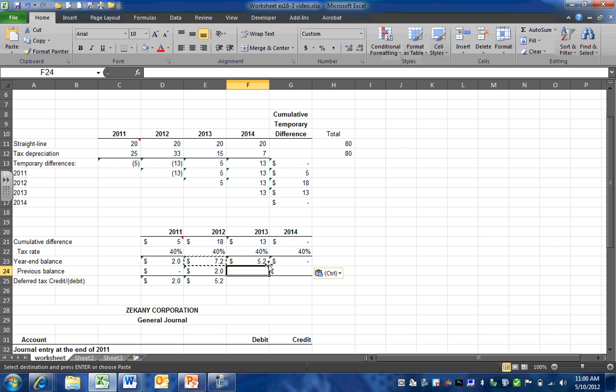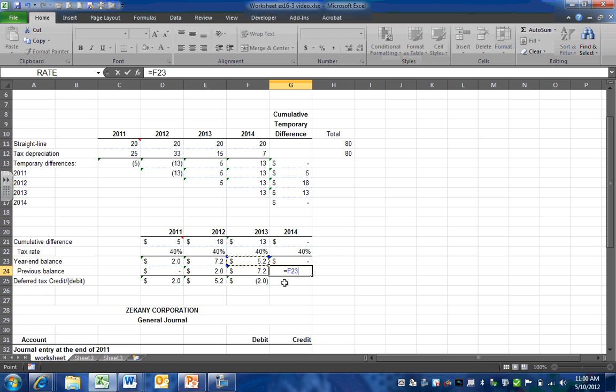For 2013, our year-end balance has to be $5.2 million in the liability account, and we have to have a zero in our liability account by 2014. Our ending balance in 2012 was 7.2. Well, that balance has to be decreased by 5.2, so we're going to have a debit or reduction in our liability account in 2013 of 2 million.